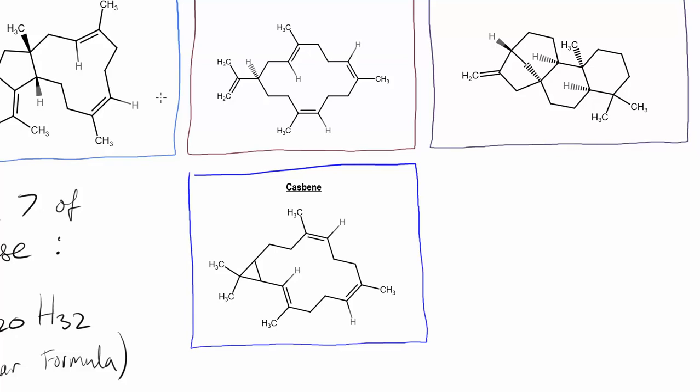And this is naturally produced by the castor bean plant, specifically if the plant is stressed. If it's stressed, or if it gets infected, usually this would trigger the production of casbene within the plant. And that's produced by an enzyme called casbene synthase.